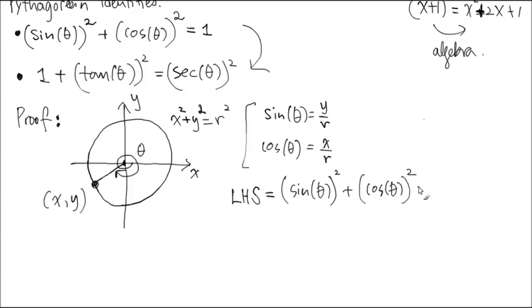I have to explain why this one is 1. But what do we know about sine theta in terms of coordinates here? That's y divided by r. Is that right? That's what sine theta is, and you square it. What is cosine theta? X divided by r, and you square that, right? That's the left-hand side.